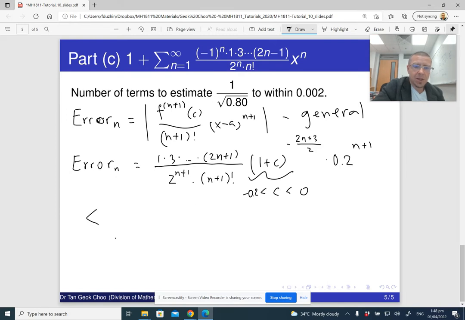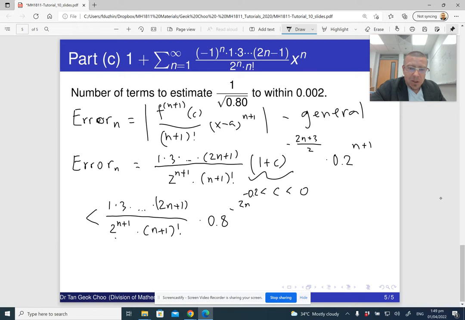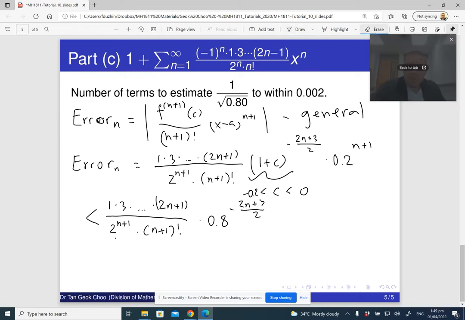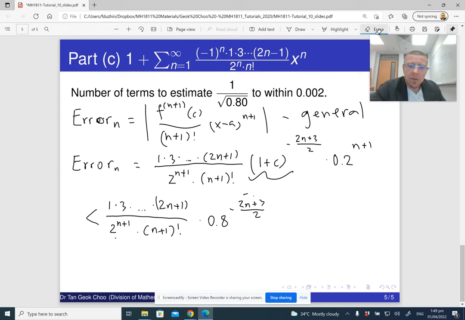So the error is actually less than 1 times 3 times and so on times 2n plus 1, the product of odd numbers from 1 to 2n plus 1, divided by 2n plus 1 times n plus 1 factorial, times 1 minus 0.2, which is 0.8, raised to the power minus 2n plus 3 over 2, times 0.2 raised to the power n plus 1, and this should be less than 0.02.